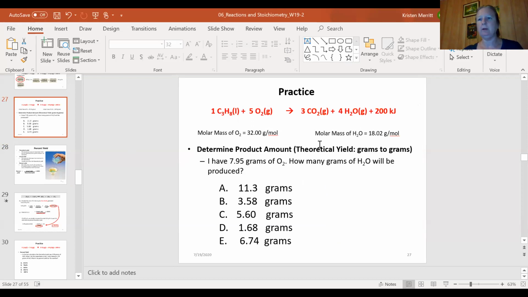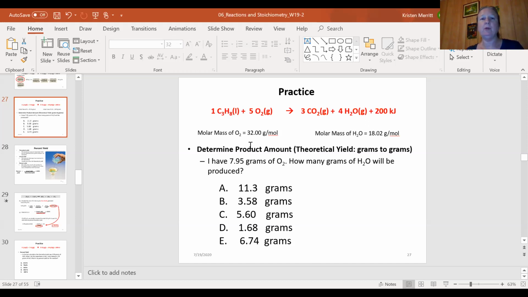That's your calculated yield. The actual yield is what you get when you go in the lab and take your 7.95 grams of oxygen and combine it with, let's say, plenty of excess propane. You're probably not going to get the same as the calculated, the theoretical, because in real life things happen that can affect the yield, the amount of product that you make.